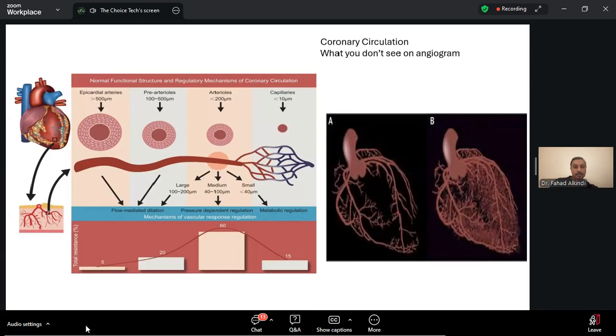The microcirculation is even bigger than the epicardial circulation. The arteries which are less than 200 microns, which we don't see by eyeballing during angiogram, represent more than 50% of the circulation.